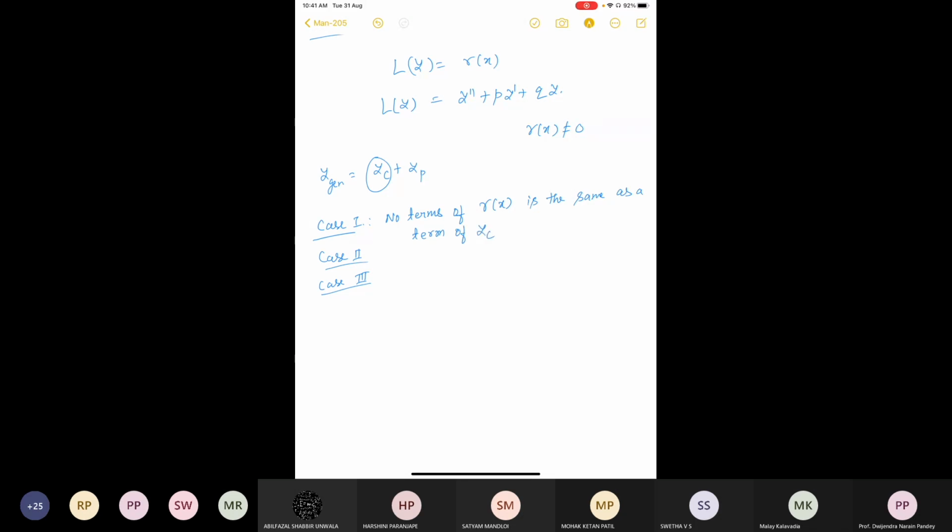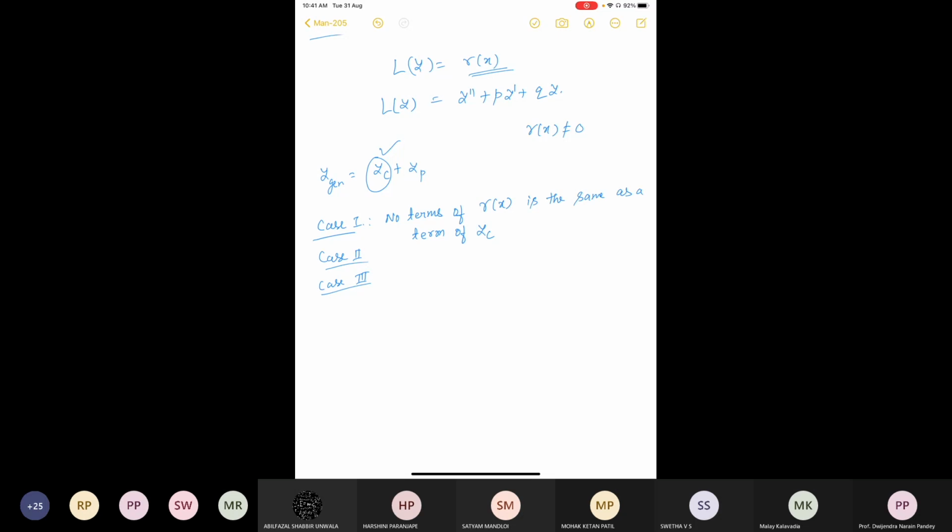It means that r(x) does not contain any solution which is a linearly independent solution of the homogeneous part.